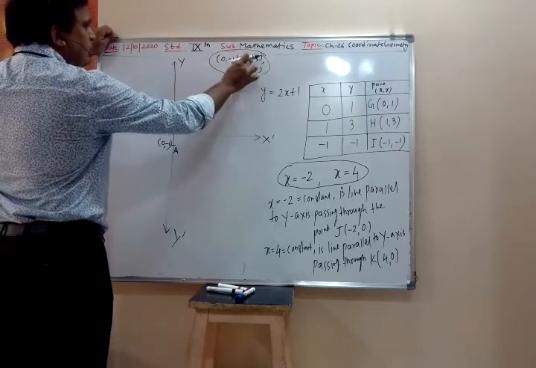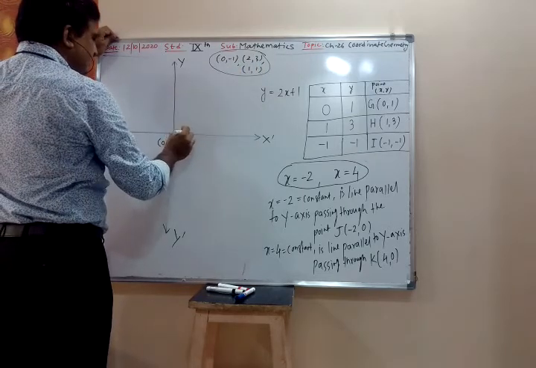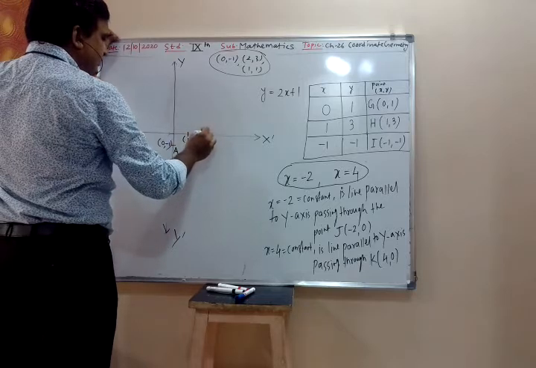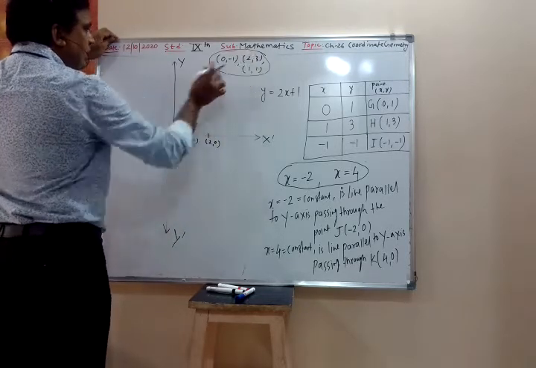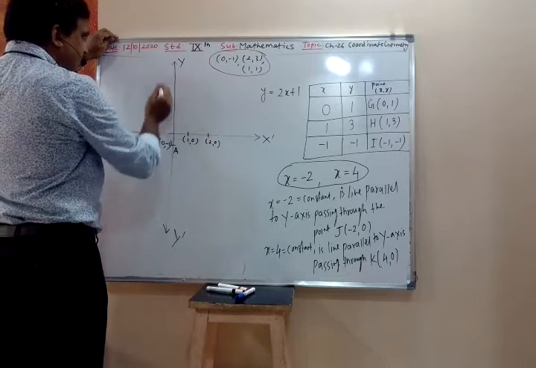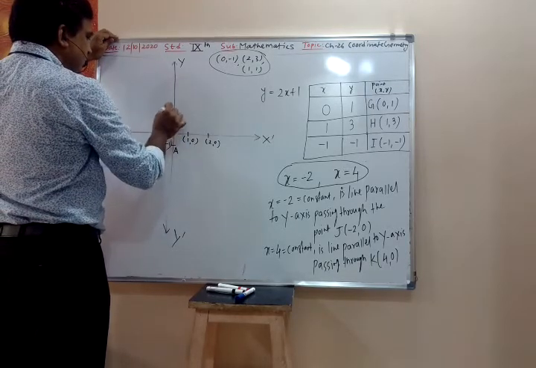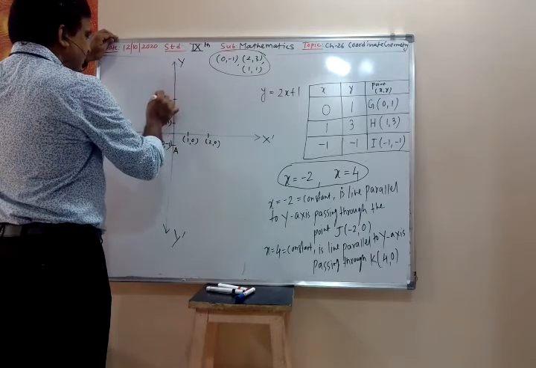X is 2, y is 3. Both are positive, in the first quadrant. So this is 1 comma 0 and this is 2 comma 0. Now y is 3, positive, so above the x-axis. This will be 0 comma 1, 0 comma 2 and 0 comma 3.